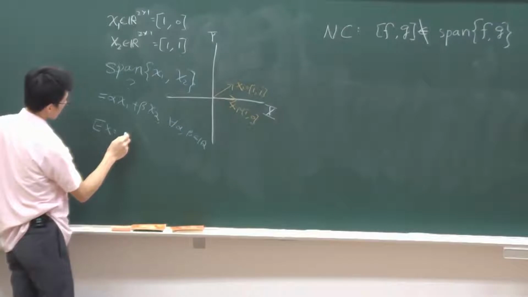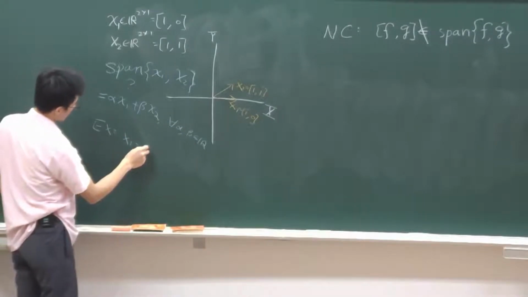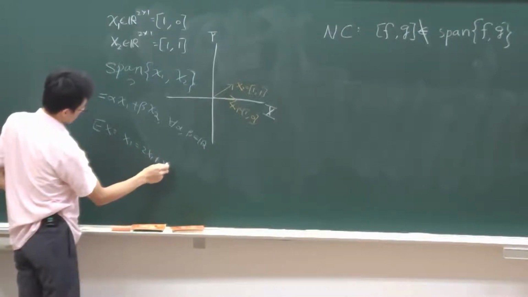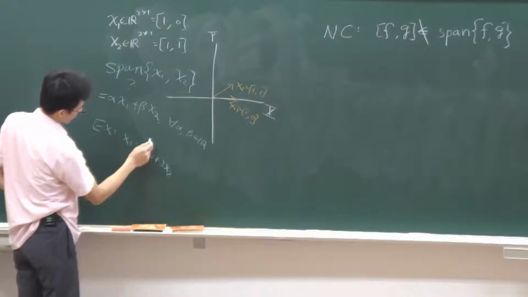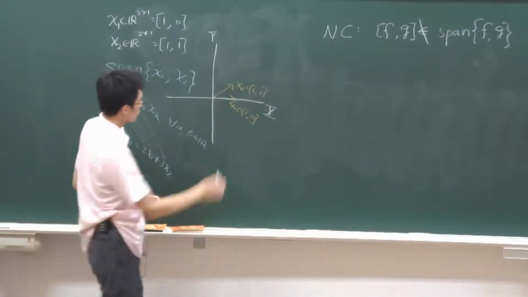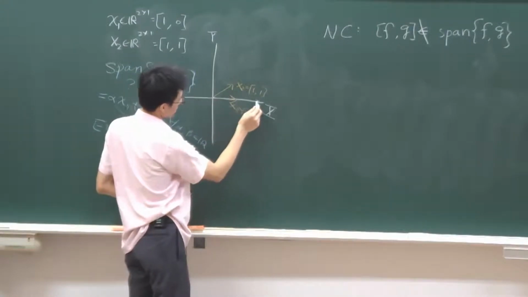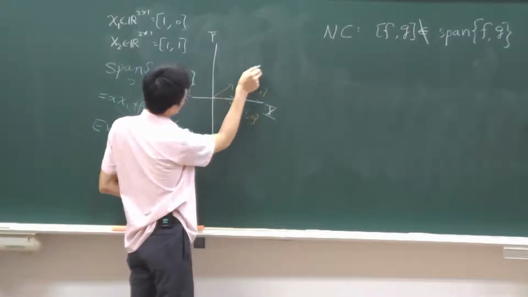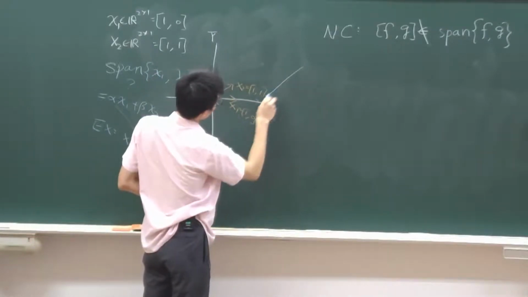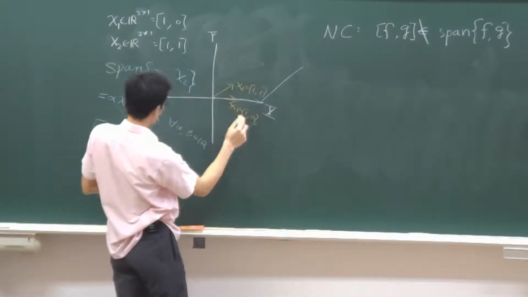So, for example, say x3 is 2 x1 plus 3 x2. Alpha is 2, beta is 3. That will be 2 times x1, 3 times x2, so this is x3.